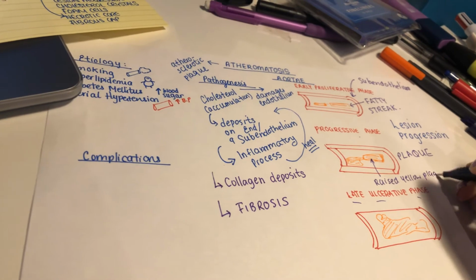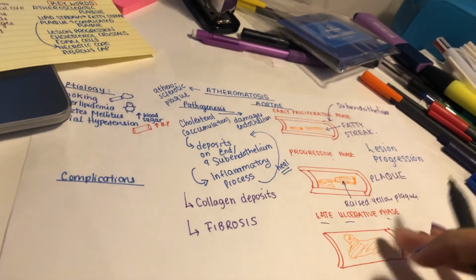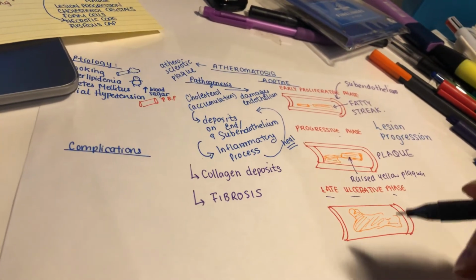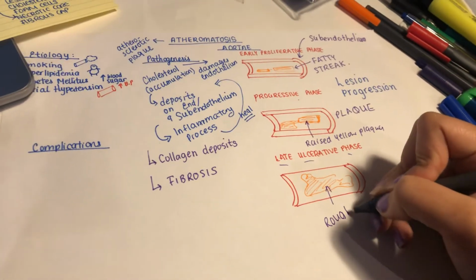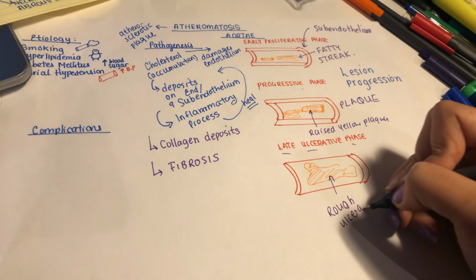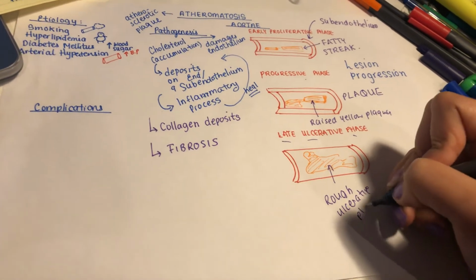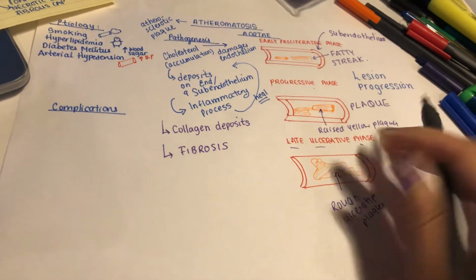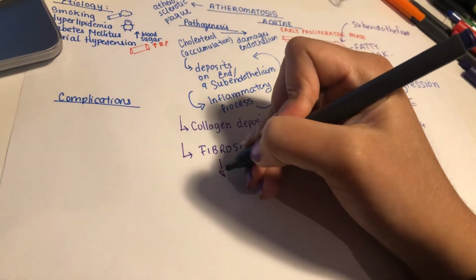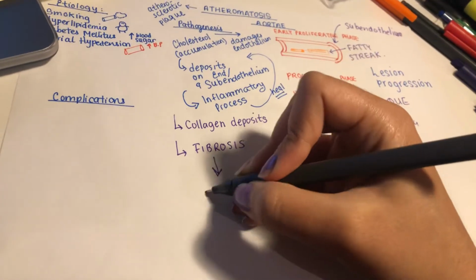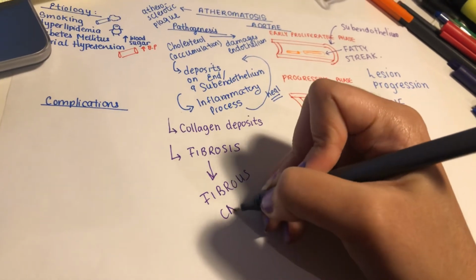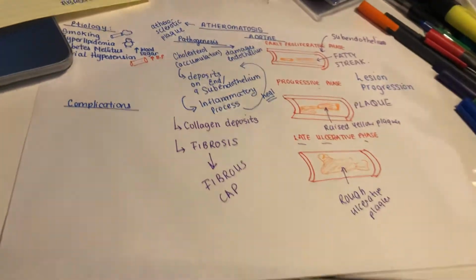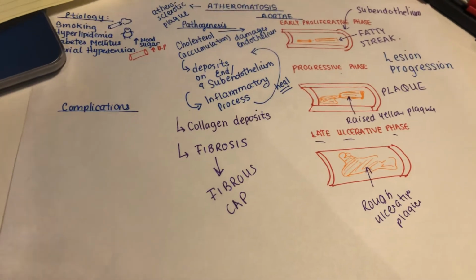And here, finally, you have these raised, irregular, rough, ulcerative plaques. And one thing that we forgot to mention is that after this fibrosis occurs, then you can also get a fibrous cap. And that wraps up what exactly an atherosclerotic plaque is and what it involves.